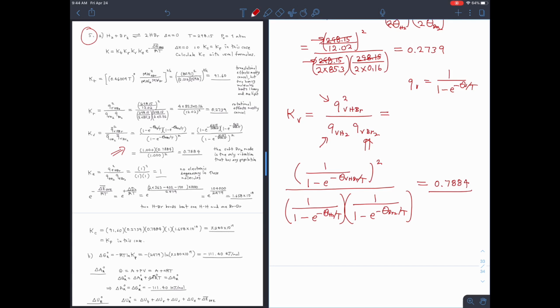Notice that means that, again, the vibrations are just slightly unfavorable to this reaction. The vibrational contributions, so here's H2 plus Br2 goes to two HBrs. These vibrations are fast, of course, have a big gap between levels.